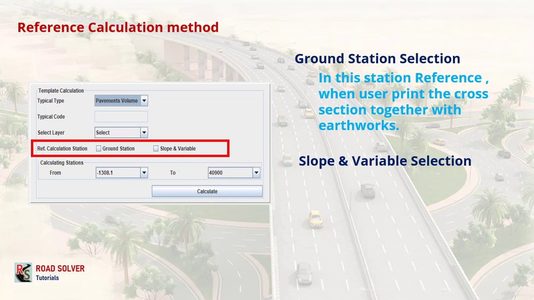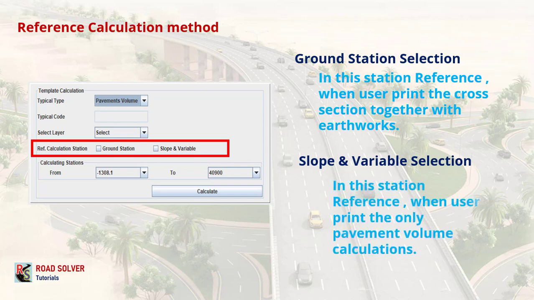If you choose the slope and variable selection, even if there is no ground available in the project, it will be calculated based on the slope stations and also the variable stations.